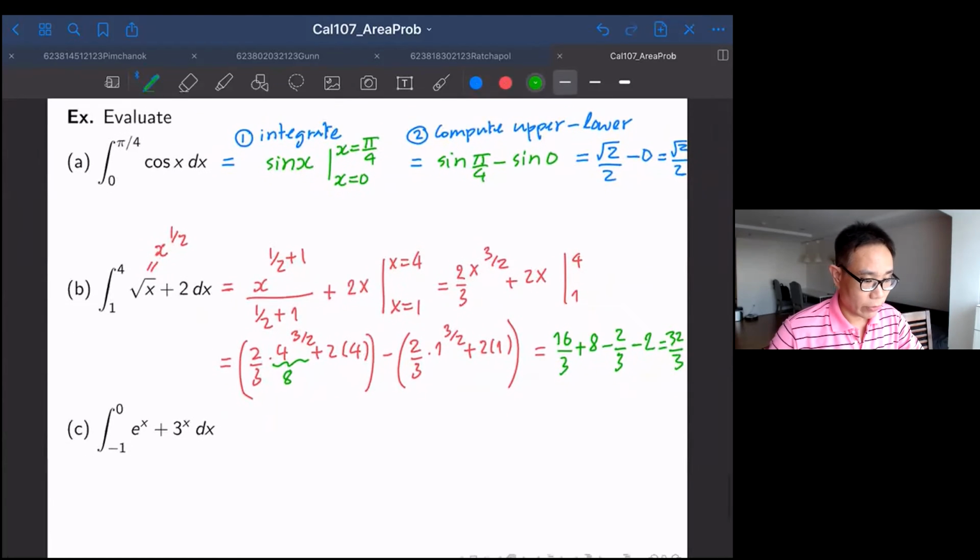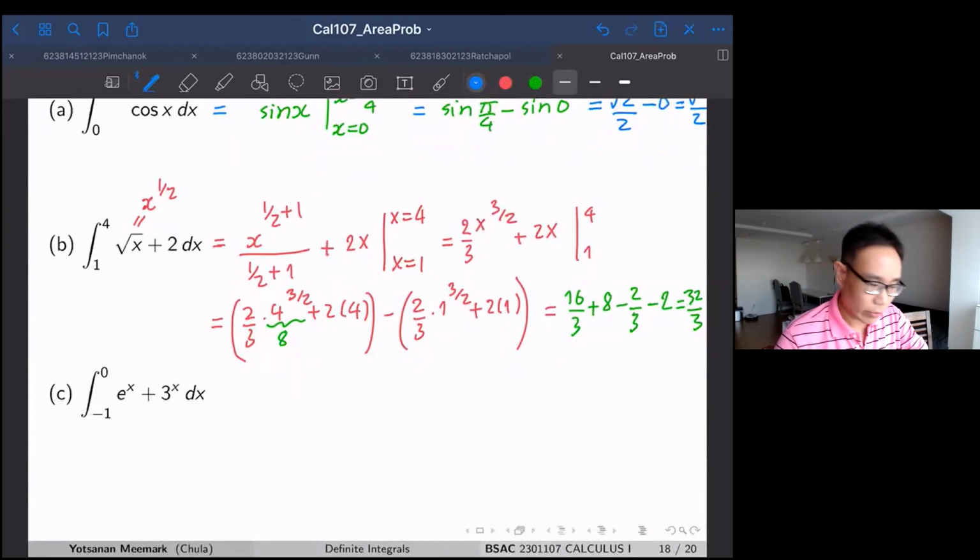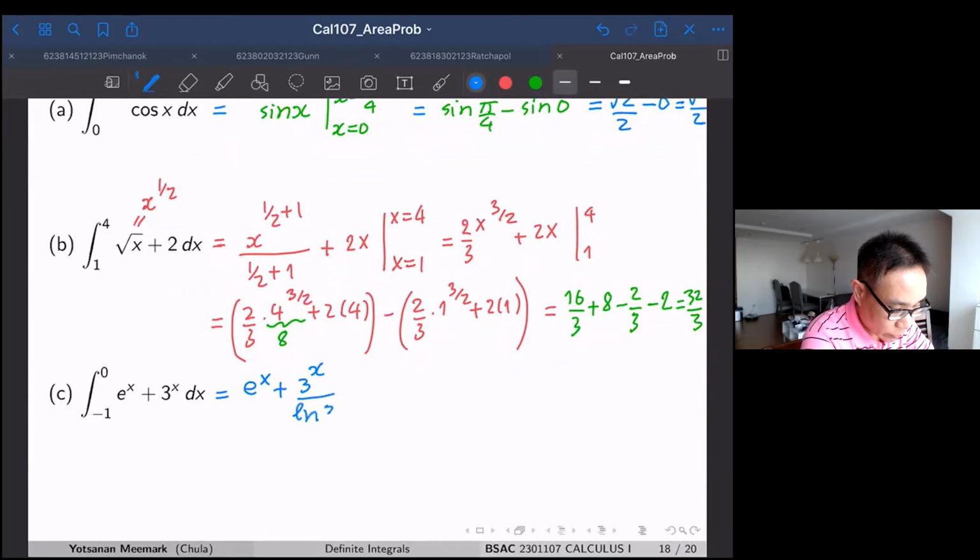Okay, so that's all. The next one, you want to integrate from negative 1 to 0 of e to the x plus 3 to the x. You basically integrate e to the x, which is e to the x, and integrate 3 to the x, which is 3 to the x, and don't forget over log 3, from negative 1 to 0.